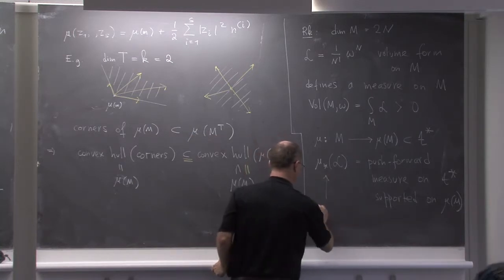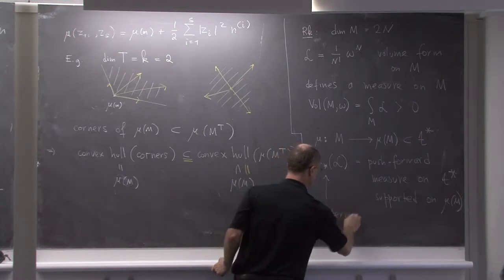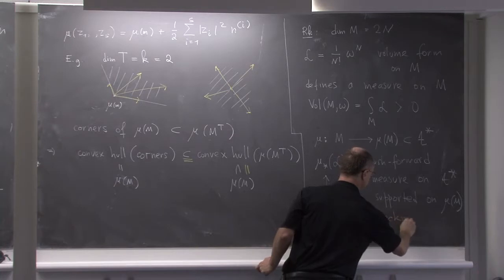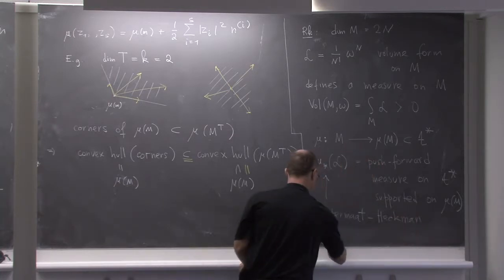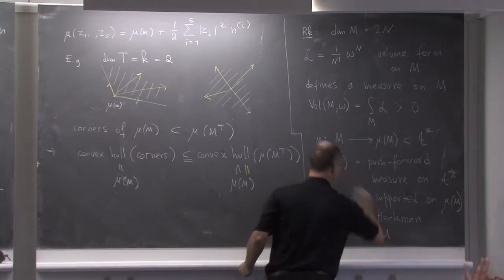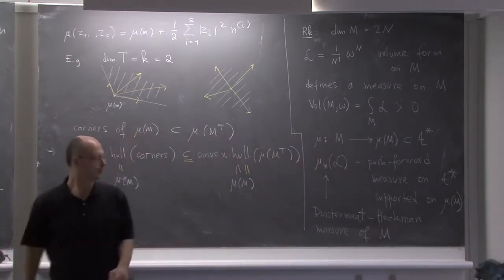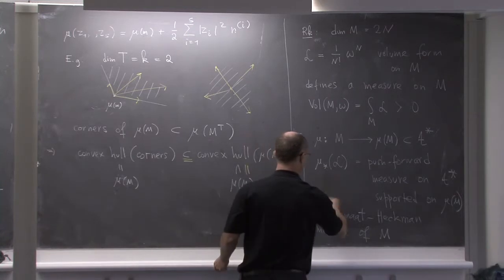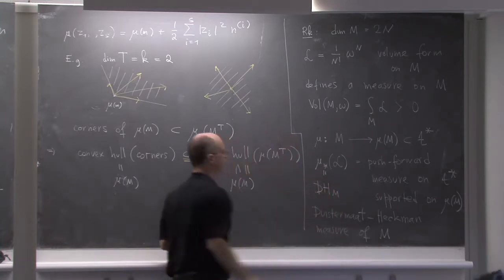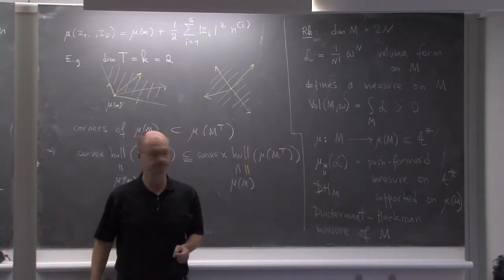So this measure is called the Duistermaat-Heckman measure of M. One of the notations is DHM.